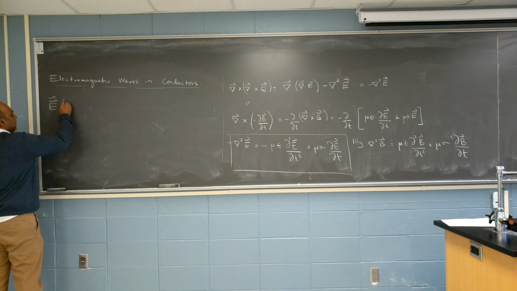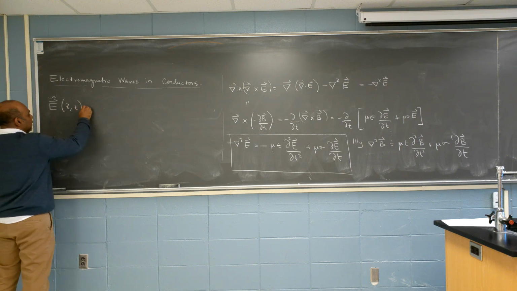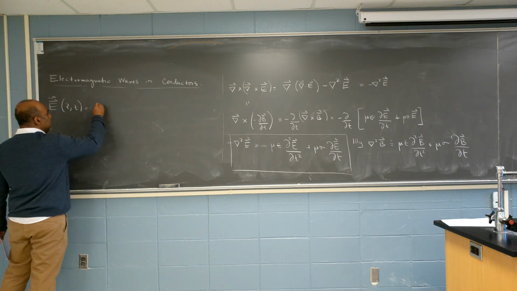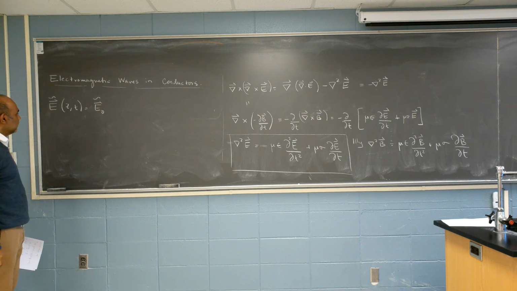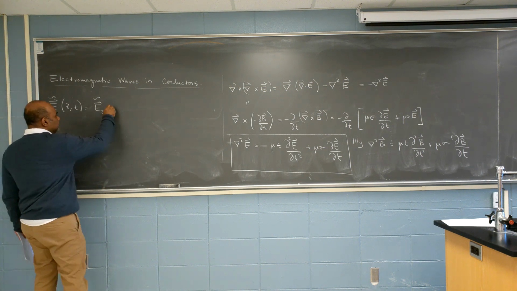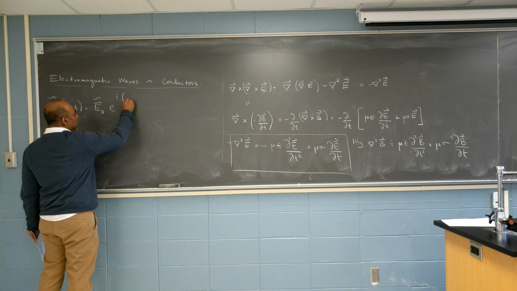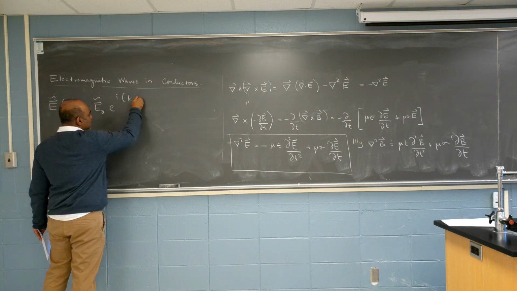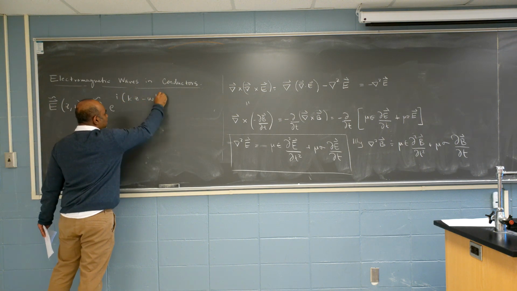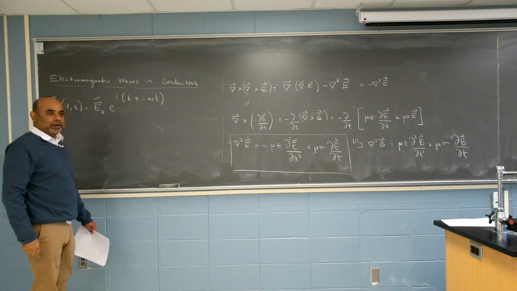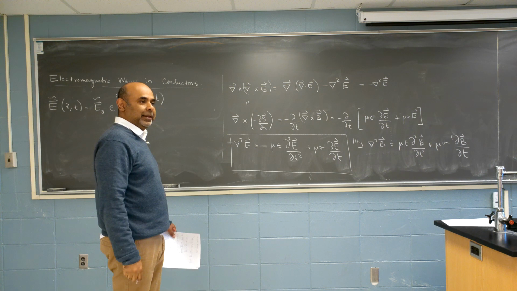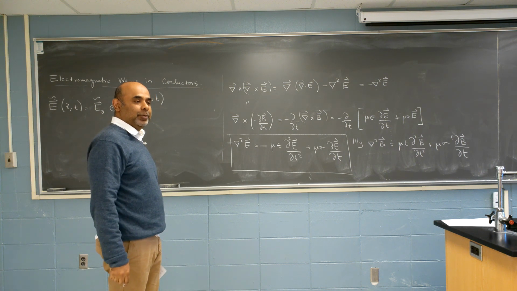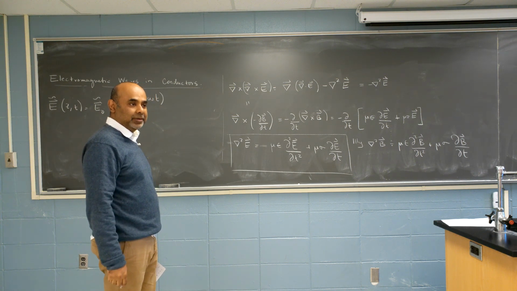We expect some sort of a wave-like equation, so we play the same game. E to the i(kz minus omega t), and you try this, it won't quite work. It will, but then you realize it'll work only if k is a complex number.